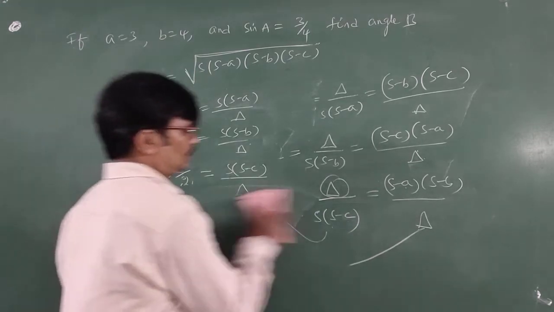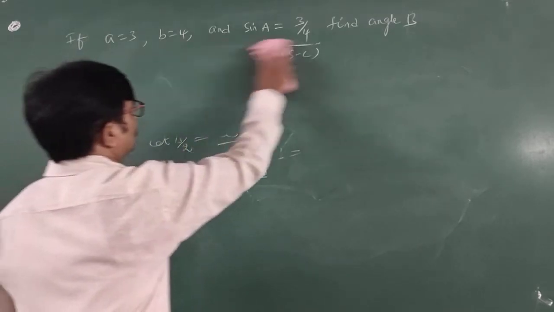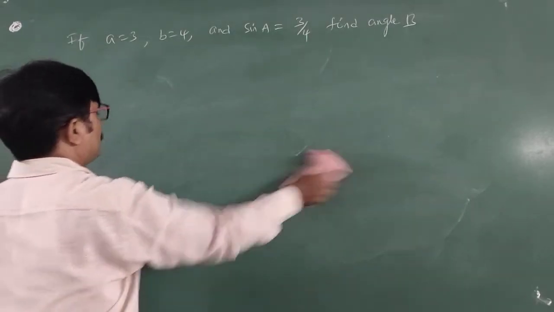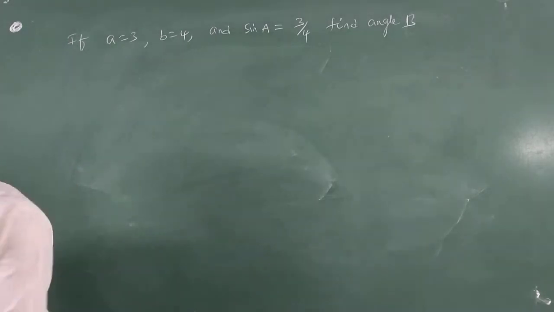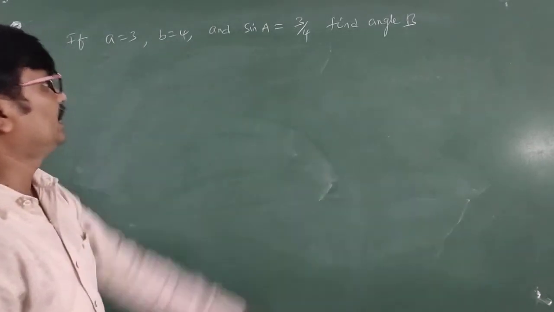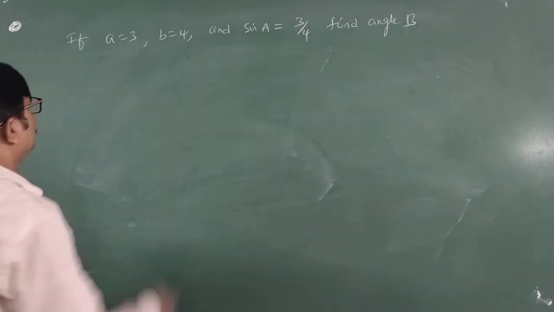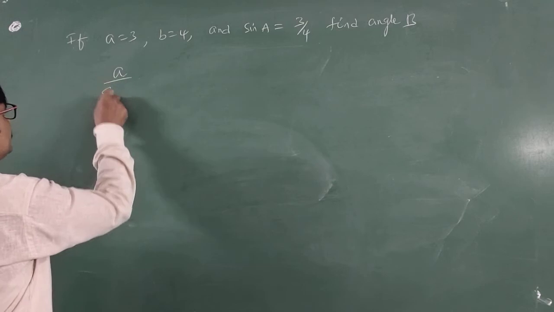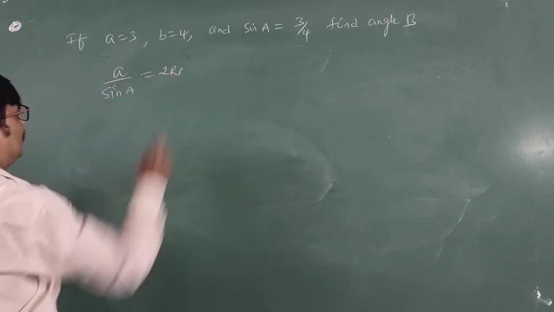Okay, students. Right now, question number 1. It is given that small a is 3 and small b is 4, and sin A is given. Now we find the angle B. Now students, a by sin A equals 2R.